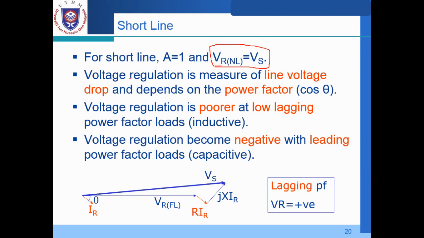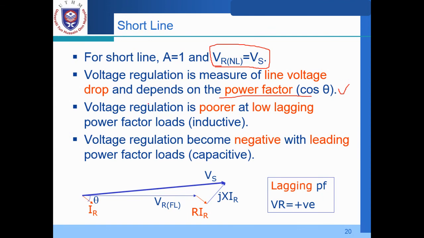Voltage regulation is a measure of line voltage drop and depends on the power factor. So this is how we can measure how bad the voltage drop is, dependent on the power factor, cos theta.